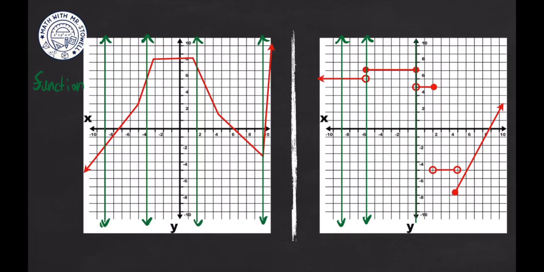At x equals 0, also good because you have the open and closed. At +2, we're also good because it's open and closed. And lastly, at 5, we are also good because you have the open and closed dots there as well. So this one, no matter where you draw your vertical line, this one would be a function.